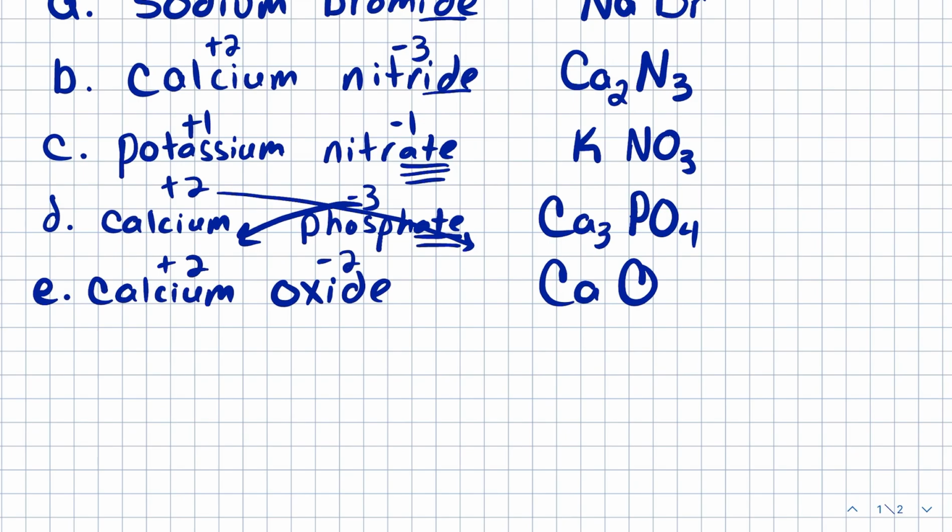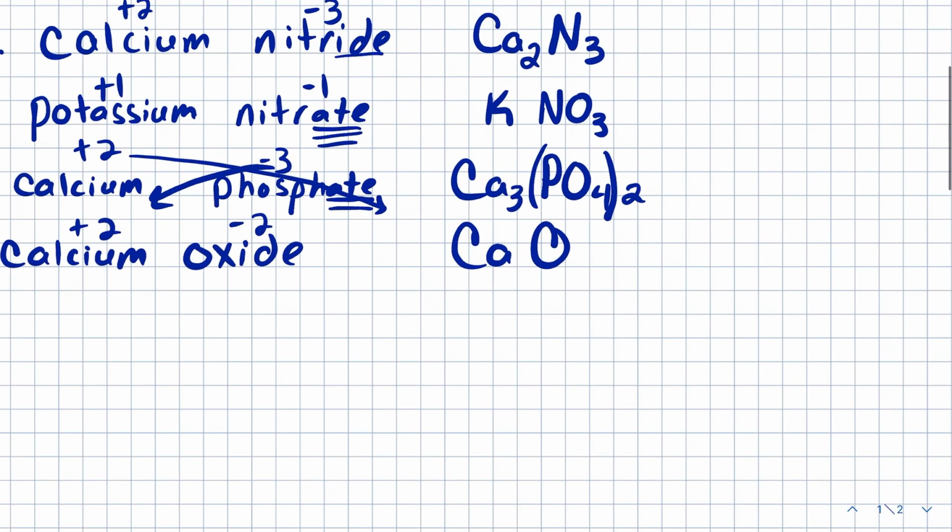But my phosphate, if I put a 2 here, that looks like I'm saying I have 1 phosphorus and 42 oxygen. And not only is that ridiculous, but that's not what I have. I have 2 PO4s. So to designate this, just like we do in math class, we're going to put parentheses around it. And so what this means is that in a single compound, I have 3 calciums.